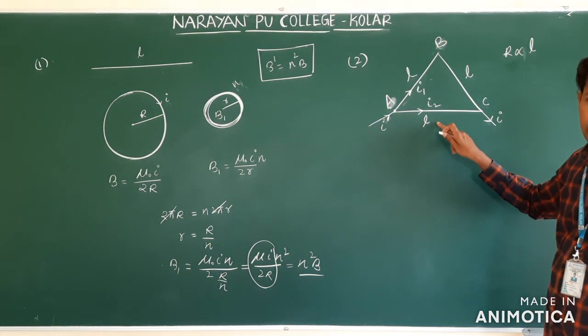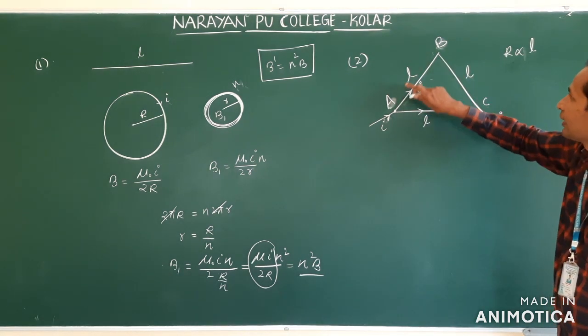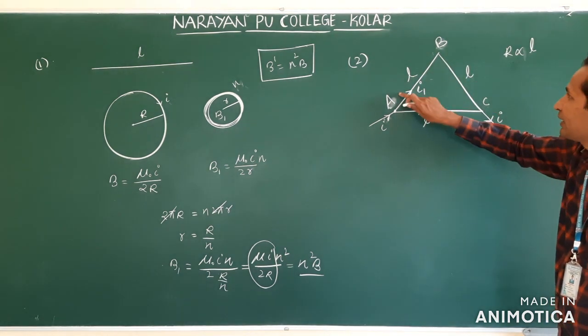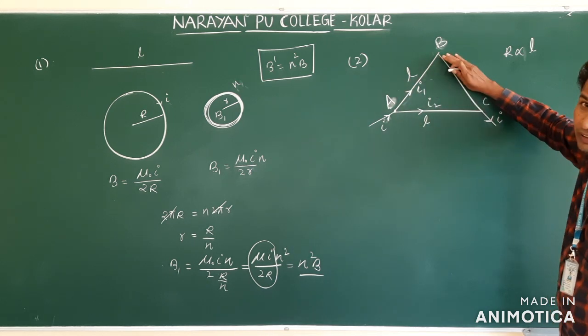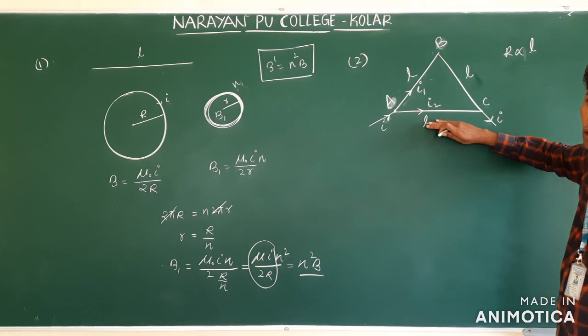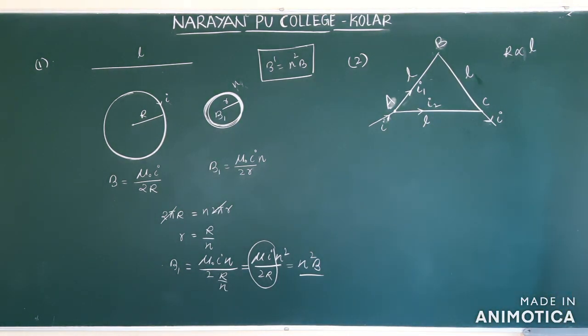AC is length L, so this resistance is R. When we compare the resistance between this conductor and this conductor, the resistance is more than this conductor. Obviously when the resistances are different, the splitting currents are different.